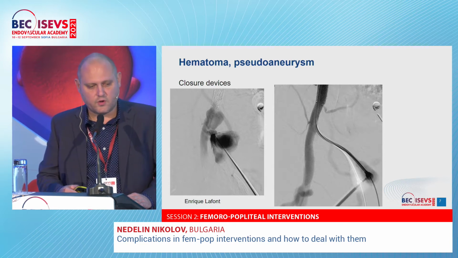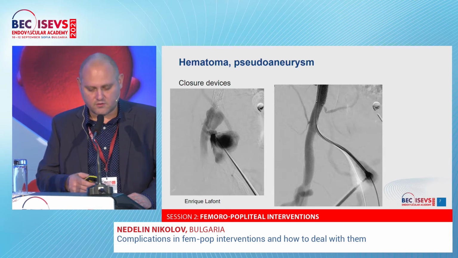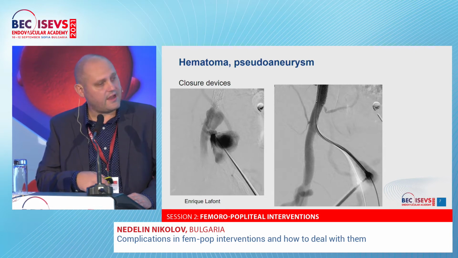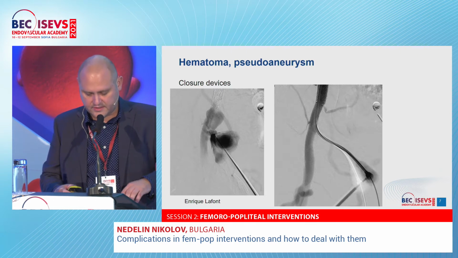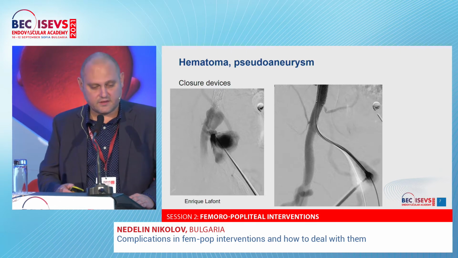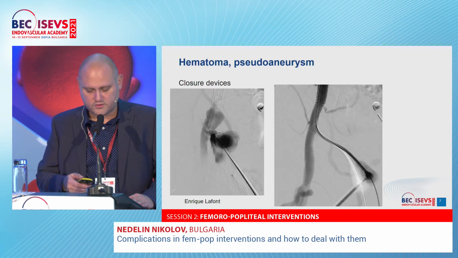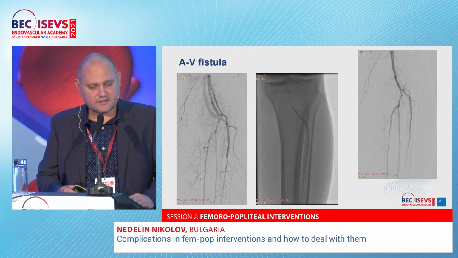You put a guide wire in the true lumen in the artery, and then you put the Angio-Seal and close the hole with it. I've done it several times, and I think it's a very good method to close the puncture site when you have such hematomas.